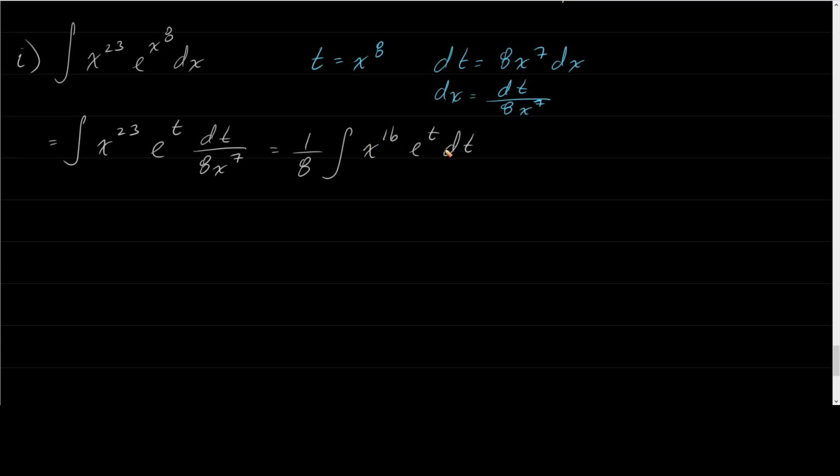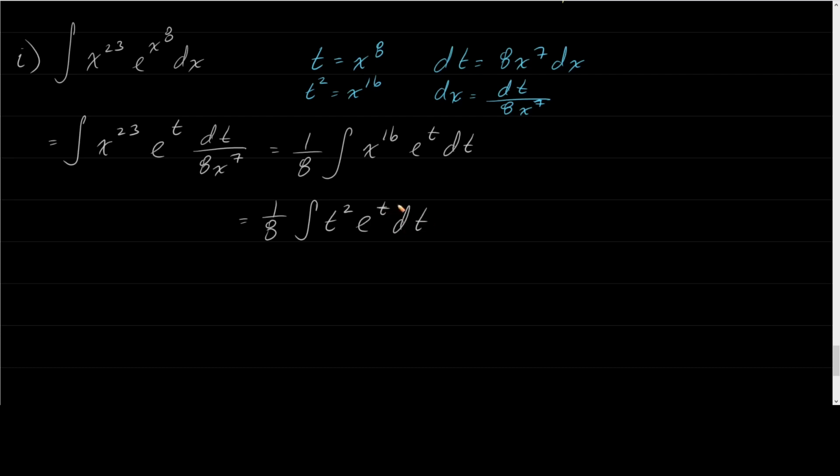The next thing I notice here is that x to the 16th looks very similar to t squared. And by that I mean it is just t squared, right? Because if t is equal to x to the 8th, then t squared is equal to x to the 16th. So we can rewrite this integral now as 1/8 integral of t squared e to the t dt.